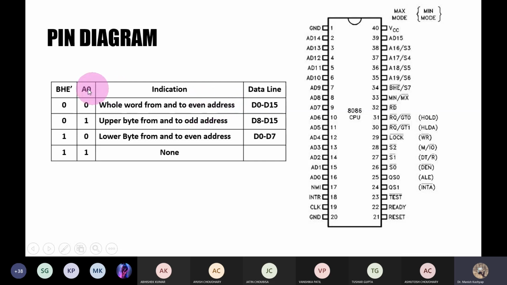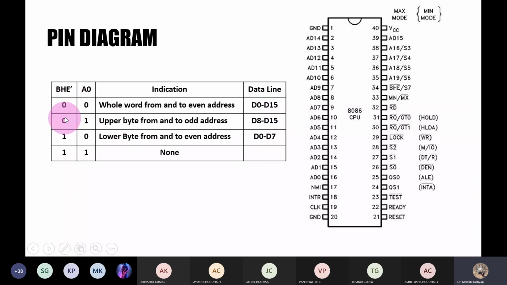Because A0 is 0, we are trying to read the external memory such that the starting address is even. And since bus high enable is also activated, the lower byte will anyway be read. The lower byte will always be read. But since bus high enable is activated, that means the whole word from and to the even address will be read. The data lines are D0 to D15, so the whole data bus will contain certain data.